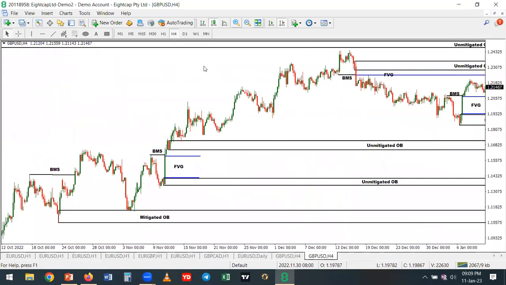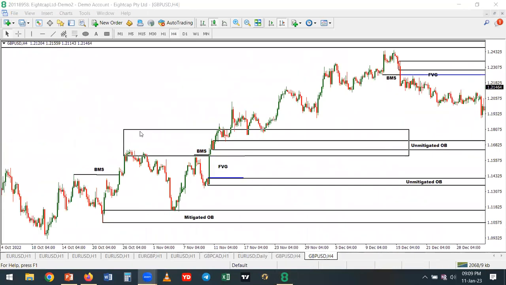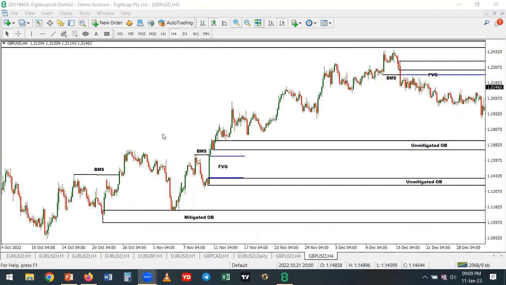Now, when the market moves, look at this movement from down here to up here. Let me show how this movement took place from the bottom.